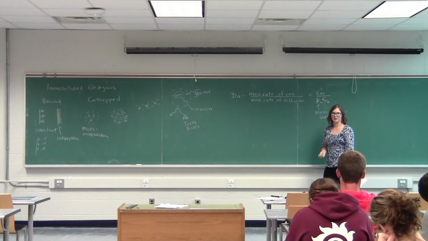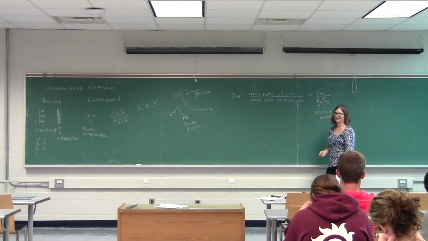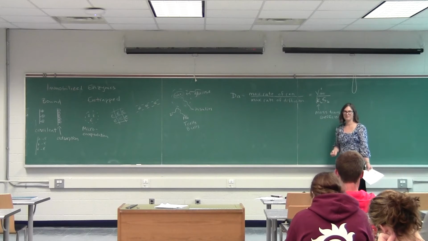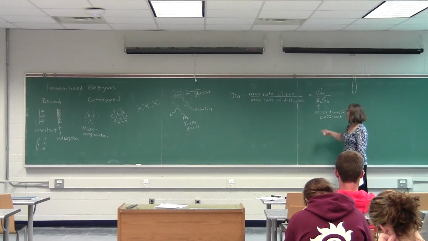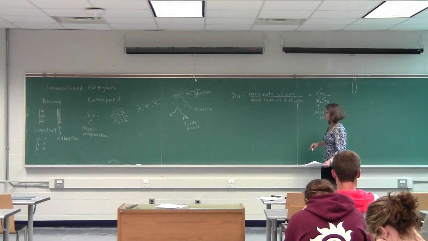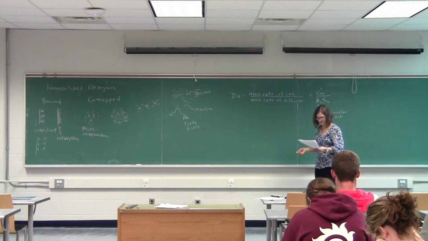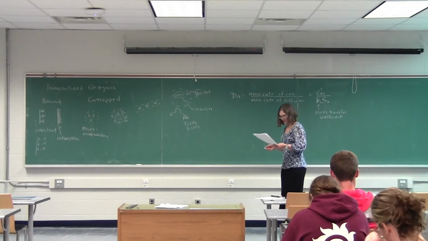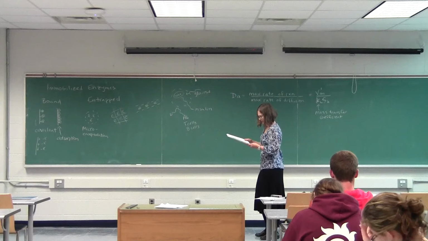And that's an important prime, and I'm going to explain in a second why we have that important prime. So our maximum rate of reaction divided by our maximum mass transfer diffusion rate.